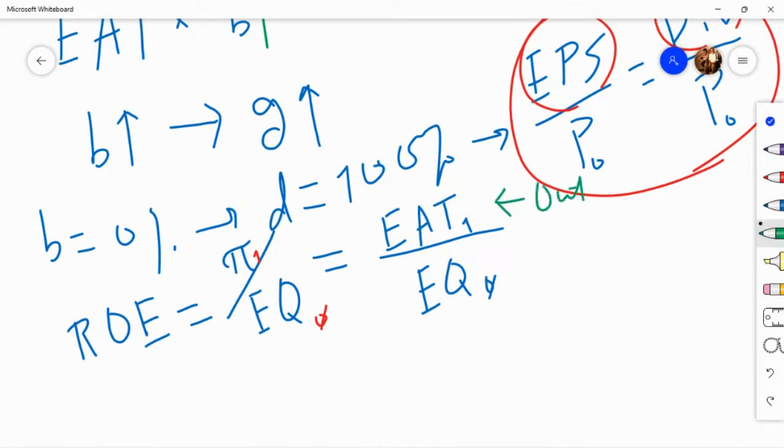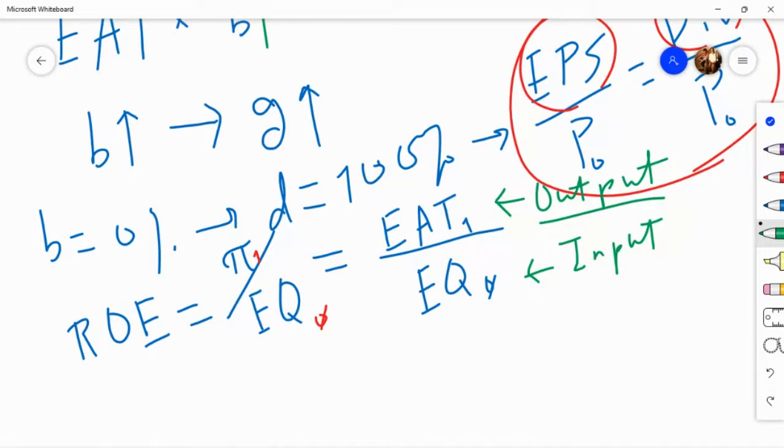It's a very simple and straightforward output to input ratio, and productivity is basically measured by output over input.